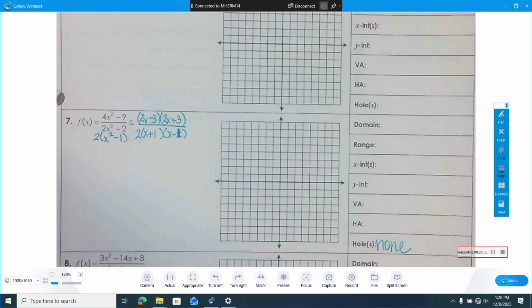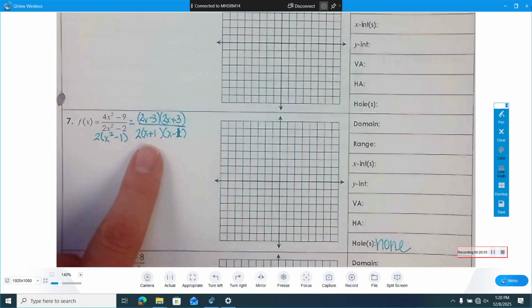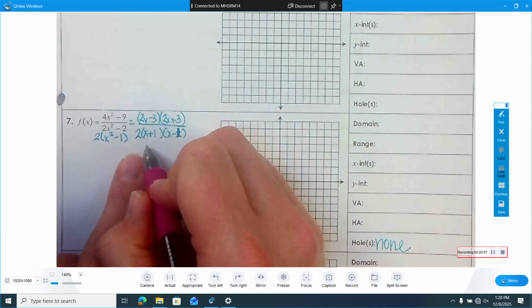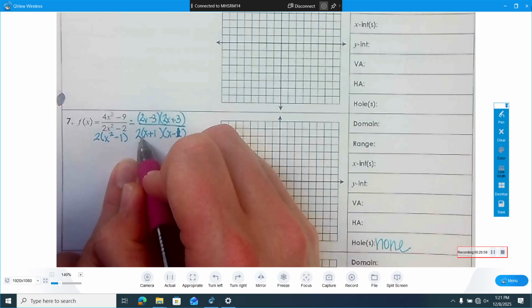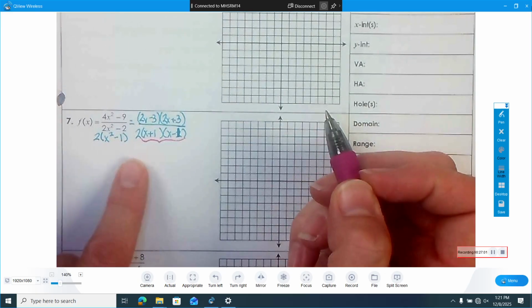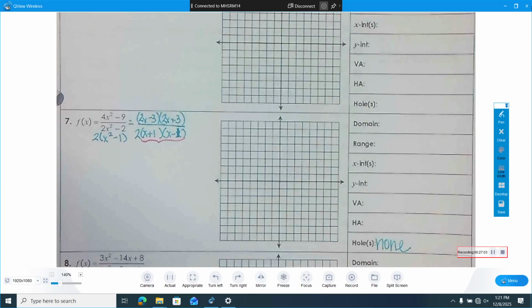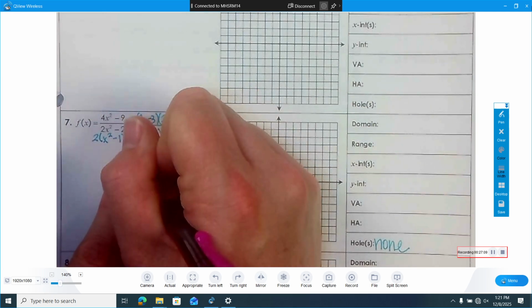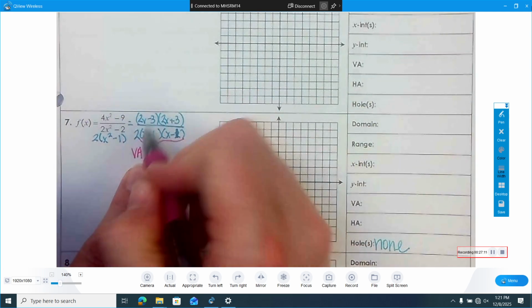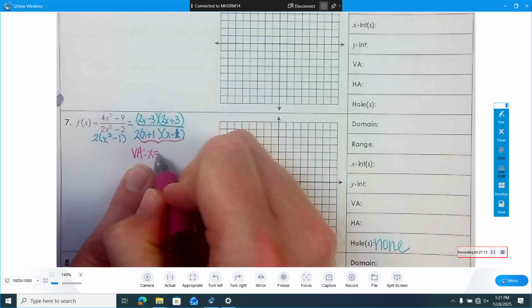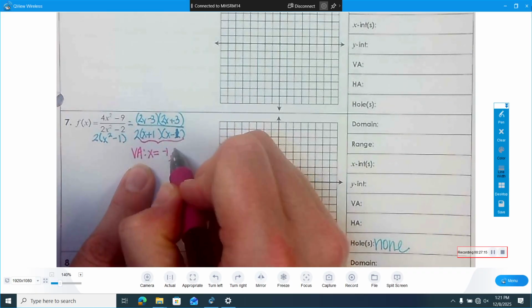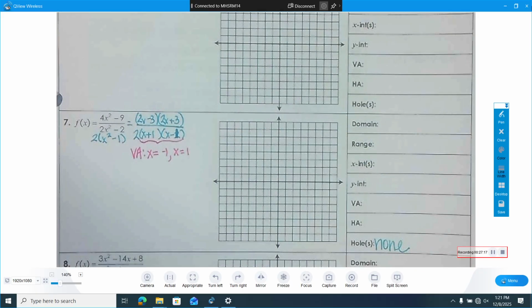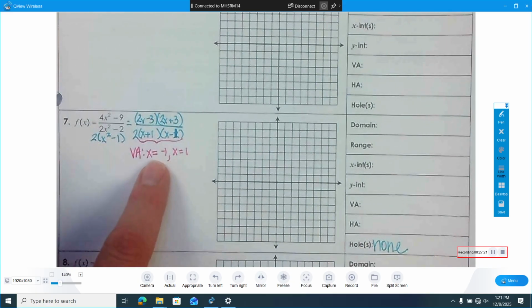All right. Now, in the denominator domain, all of these things that are in the denominator are going to give us domain issues, like our vertical asymptotes. So I have a vertical asymptote at x equals negative 1 and x equals positive 1, and those come right from our denominator.